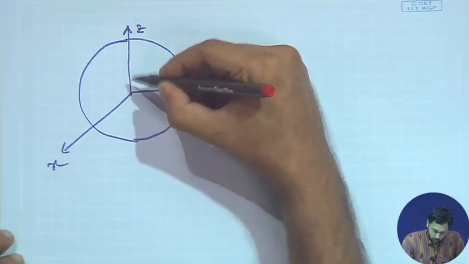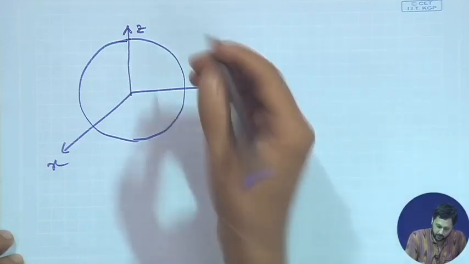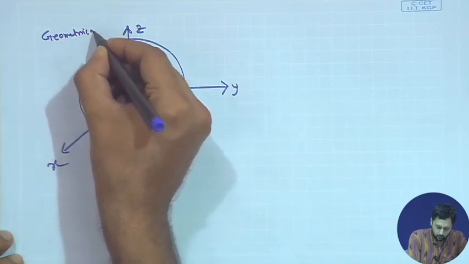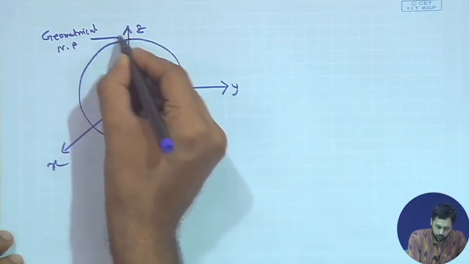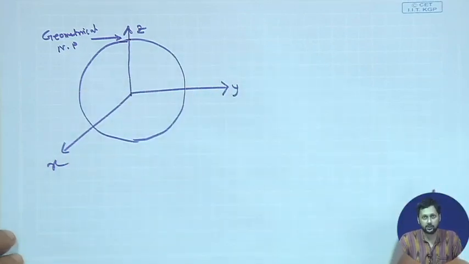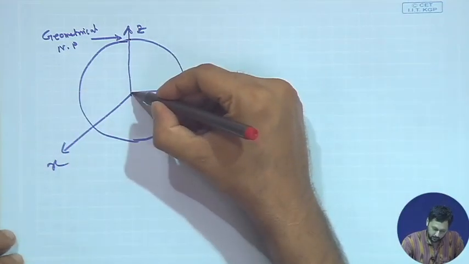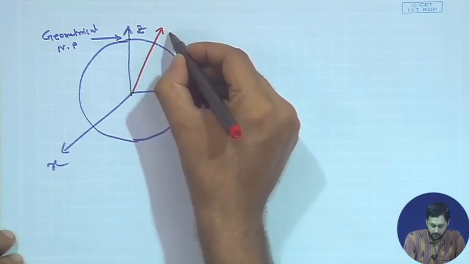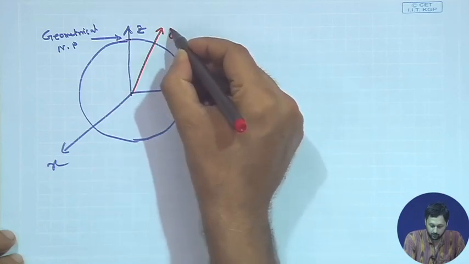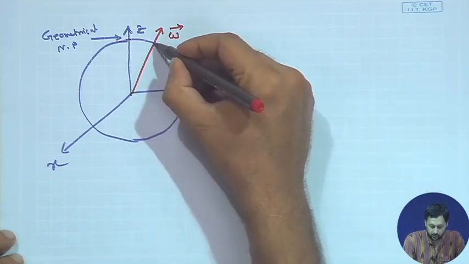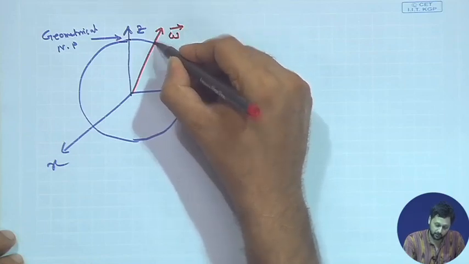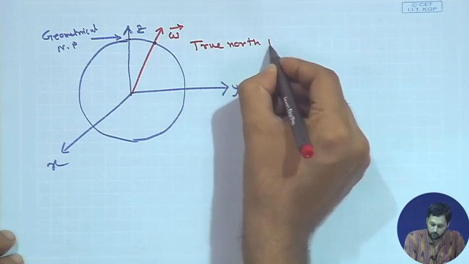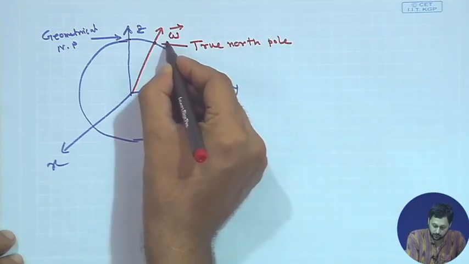Now, this is the geometrical north pole that is coming from the shape of the earth, and this one, where the angular velocity vector omega, not angular momentum, intercepts the earth's surface, is the so called true north pole, right.